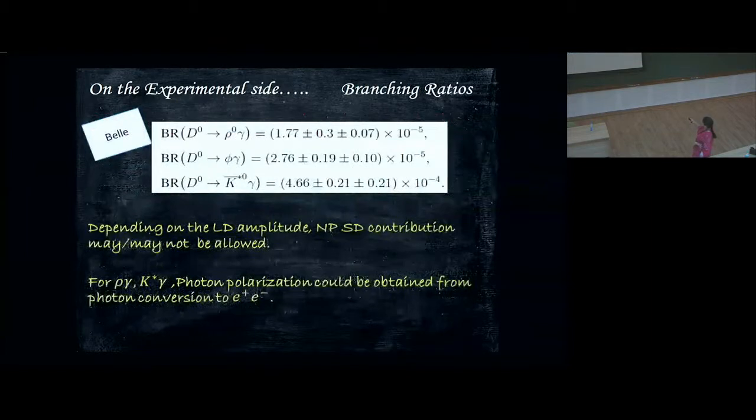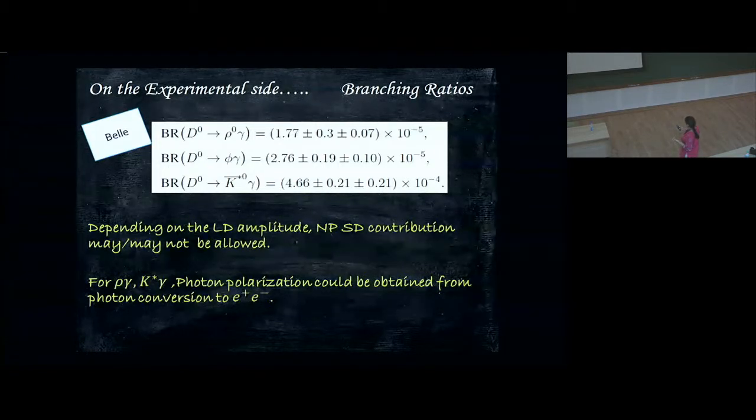The branching ratios for many of these modes have been measured by the Belle collaboration. Of course, as I said, the enhancement in branching ratios is huge. But even then, since the uncertainties with the long-distance effects play a role, I would say it can be used as a probe, but it may or may not be feasible.